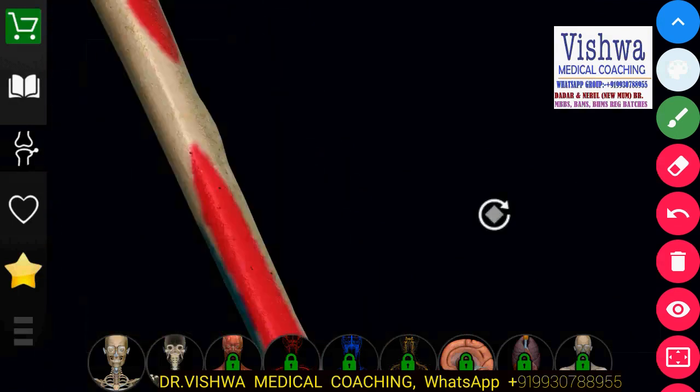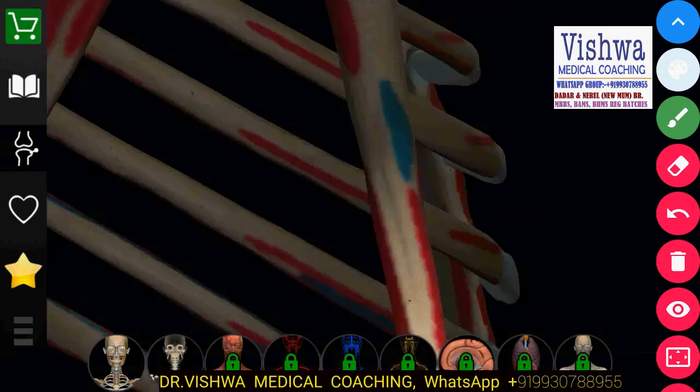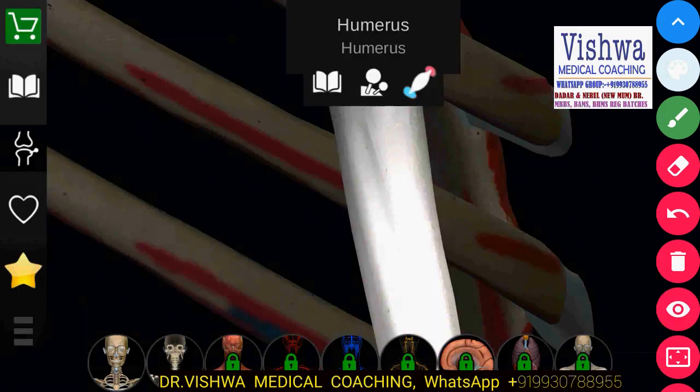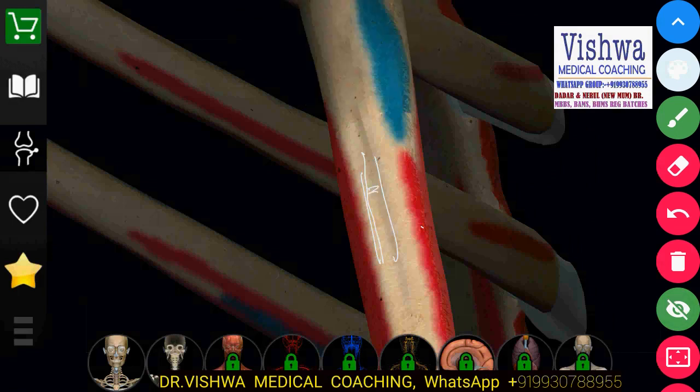Okay, let me show it to you. Yes, this is a small groove here. This is the radial groove. Again, it is very common to be asked during the practicals.